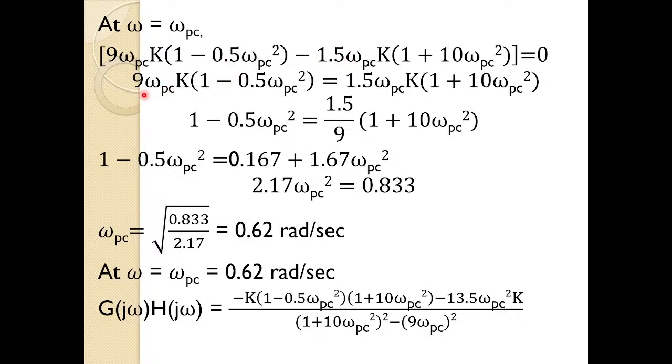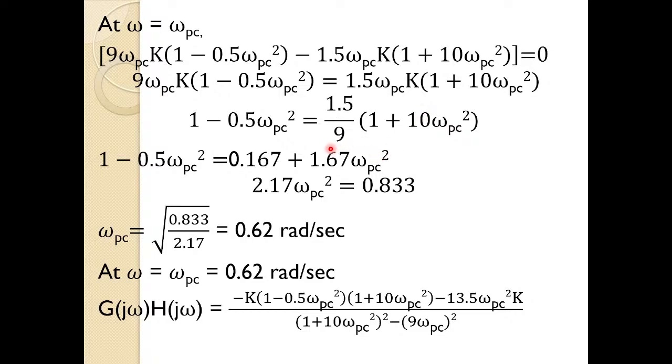So now simplify it, 9 omega pc k into 1 minus 0.5 omega square. Send this whole term to the right side, so it will become equal to 1.5 omega pc k into 1 plus 10 omega pc square. Just further simplify, you will get 1 minus 0.5 omega pc square equal to 1.5 by 9 into 1 plus 10 omega pc square.